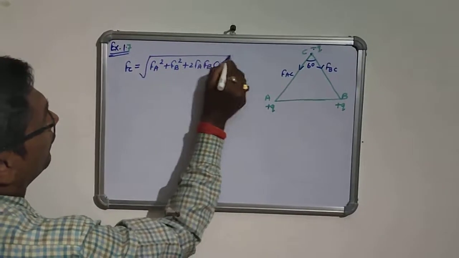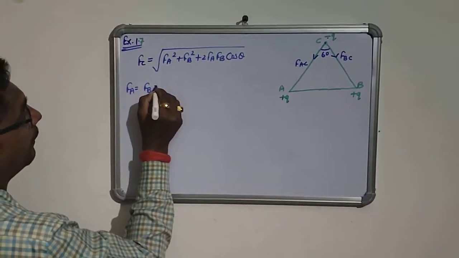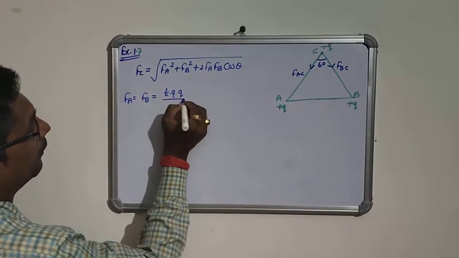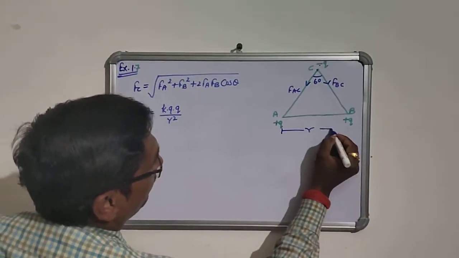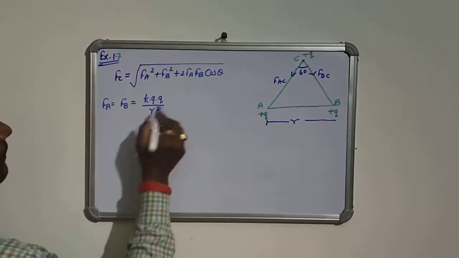Here F_A equals F_B, which is equal to kQ upon R square. Let the length of the side be R. This is an equilateral triangle, that's why each side is R.